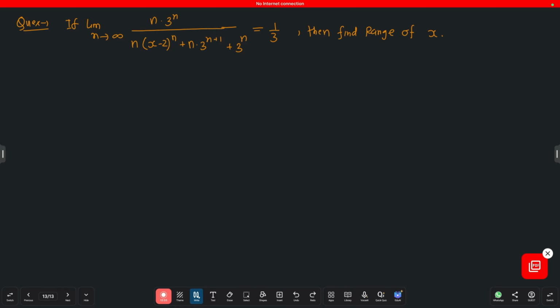Okay, range of x. Correct. This problem is of limit and it is a very good problem, one of the ultra level problems.